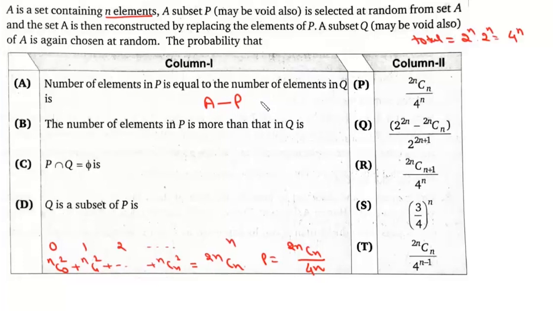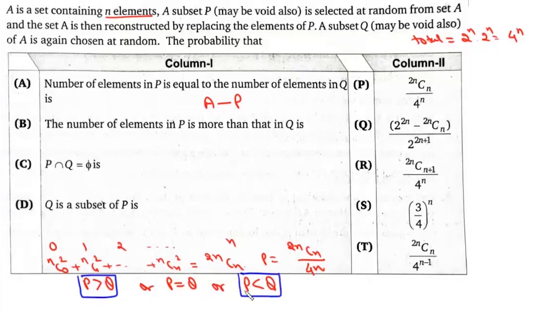Now the second one is the number of elements in P is more than that in Q. Now we'll have three cases. Either P will have more elements than Q, or they'll have the same number of elements, or the number of elements in P is less than the number of elements in Q. Now there is no difference between the two sets and their conditions. That means the number of cases here will be the same as the number of cases in the other.